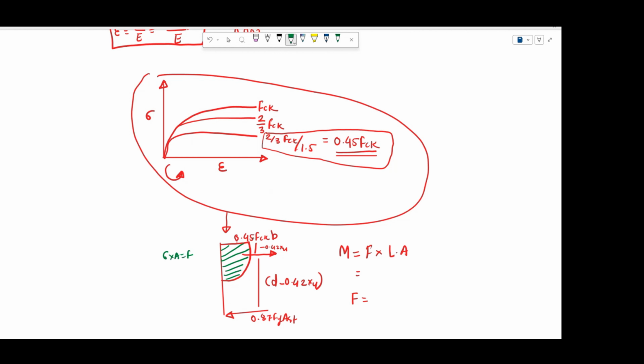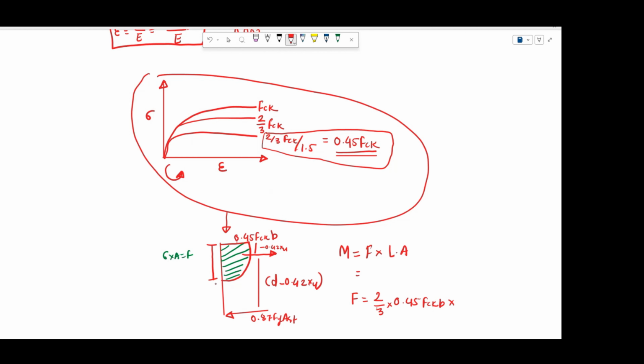As you know, 0.45 fck is your stress in the particular stress block, the highest stress that you are getting, and it is moving parabolically. The area of a parabola, you can assume it as two-third of whatever 0.45 fck into b that you are getting, multiplied by this particular portion.